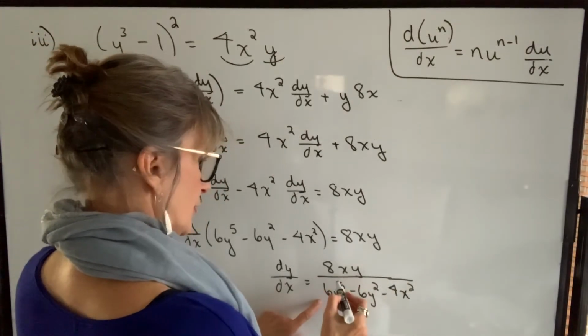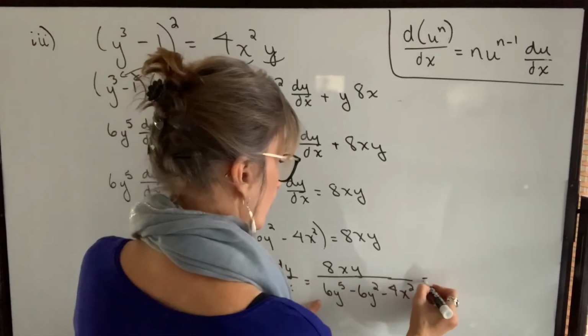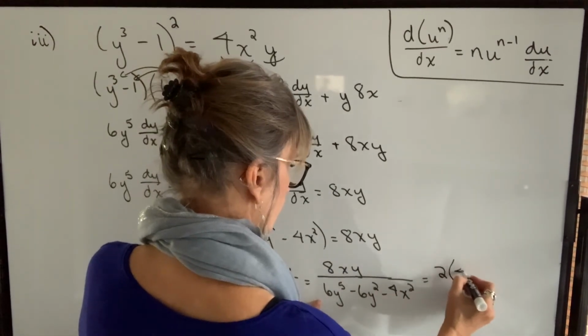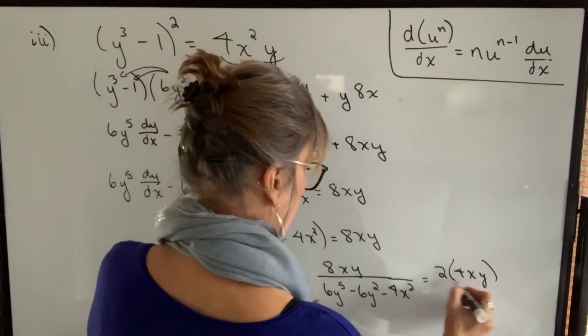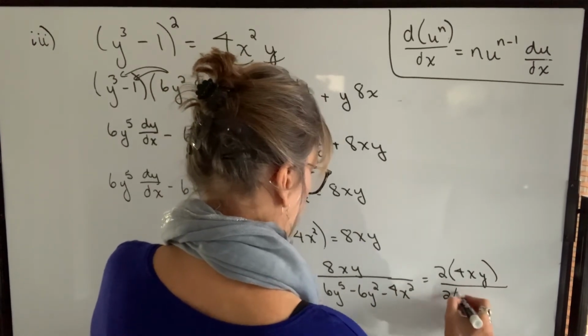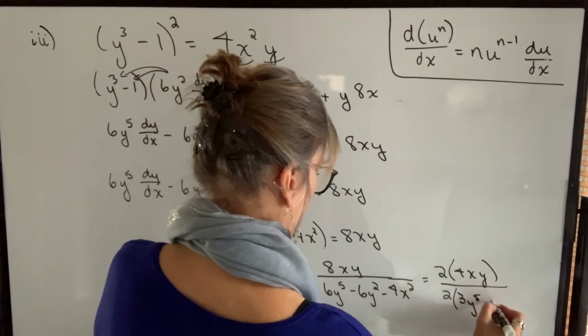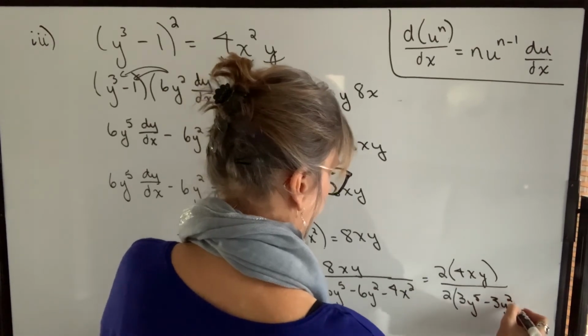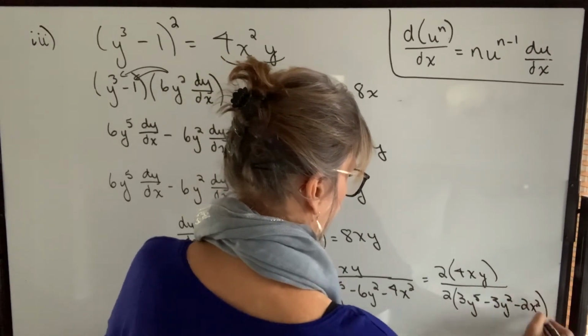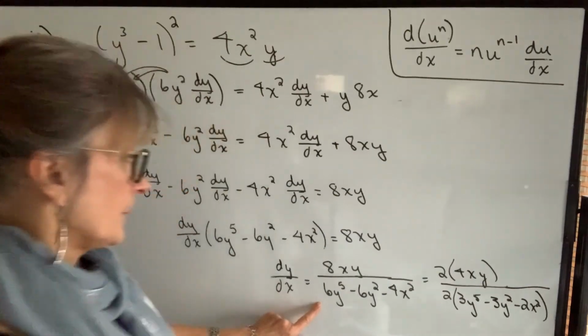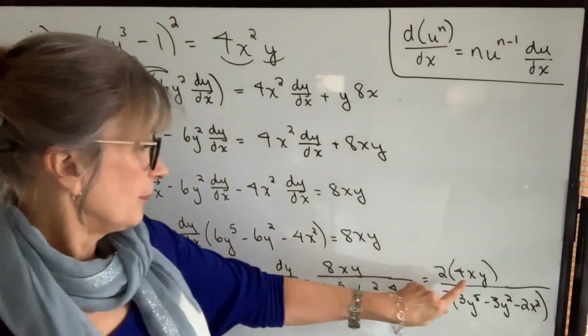I can factor out a 2 from the numerator and the denominator. So when I factor it out of the numerator, I'm left with 4xy.